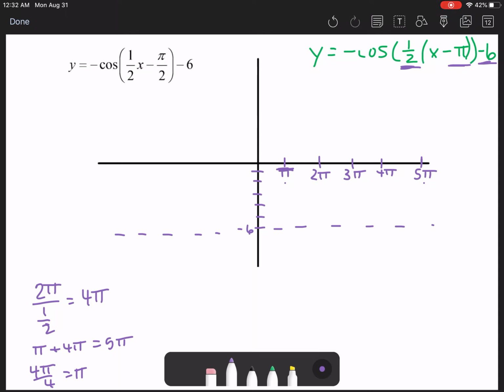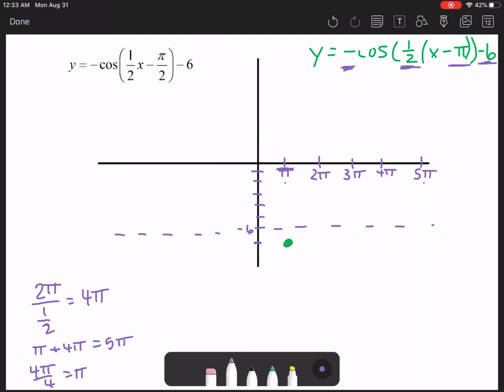Also notice our negative here. So now we're thinking amplitude. Well, it's 1, so we're up 1, down 1, only instead of starting up, we are going to start down. So this one's going to look like an upside down cosine. I'm going to go down 1, and that is where I'm going to start. Sorry guys, we're starting at pi, not on the y-axis.